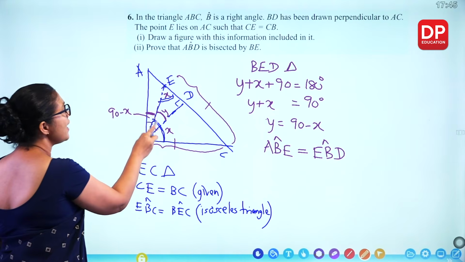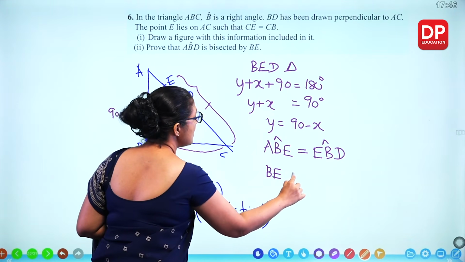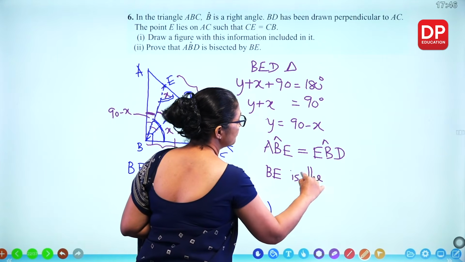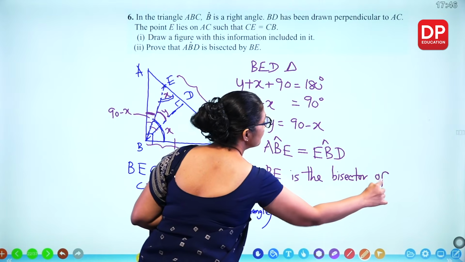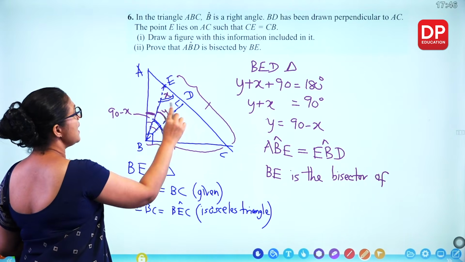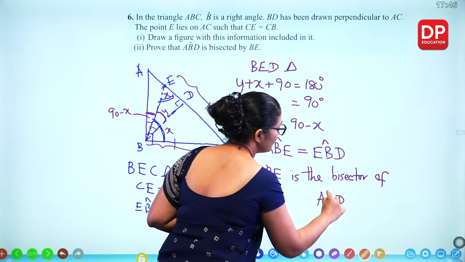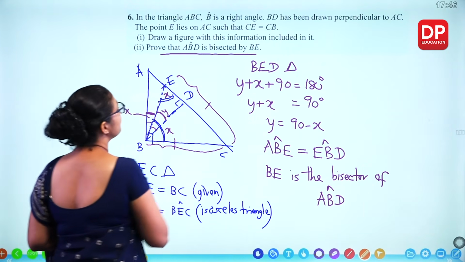If these two are equal, that means BE is the bisector of ABD angle. So that's what we need to find.